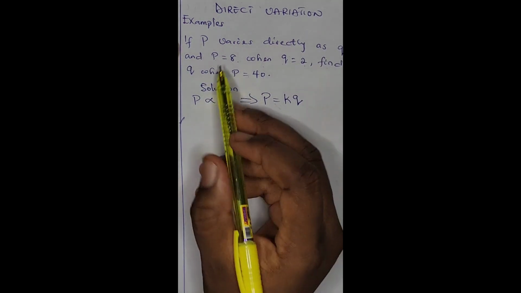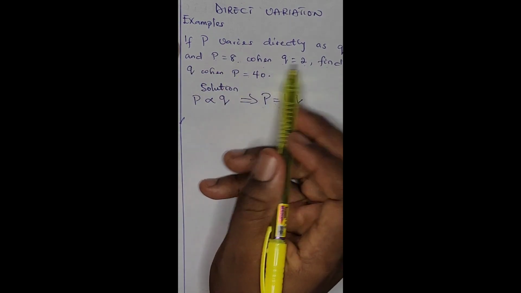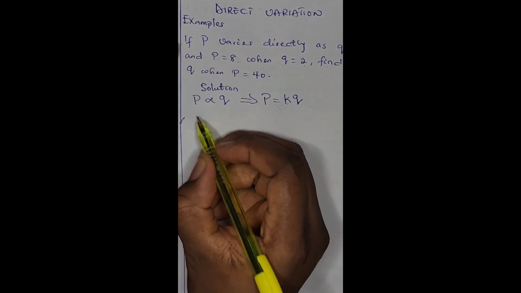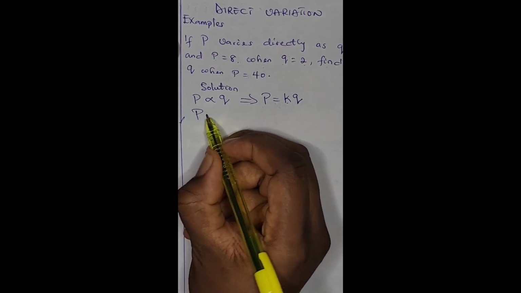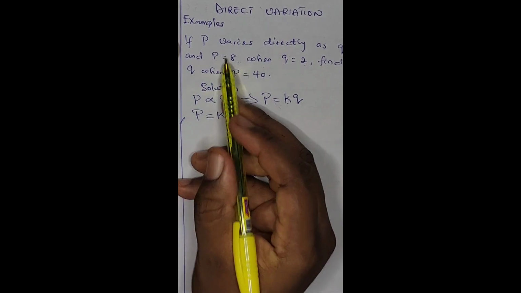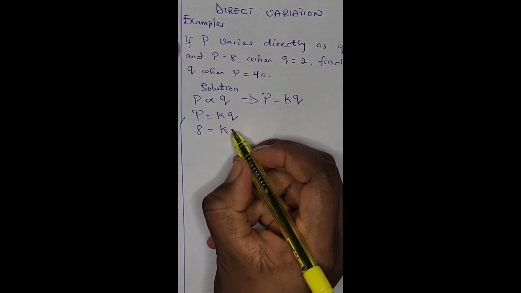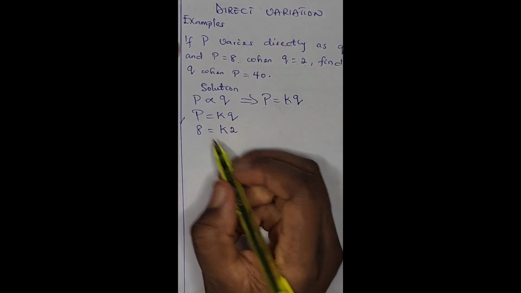So for P, the first information given to us will be used in getting the constant. They say P is equal to 8. So P equal to KQ. P is 8, so we have 8 equal to constant K, and Q is 2, so we have 2.